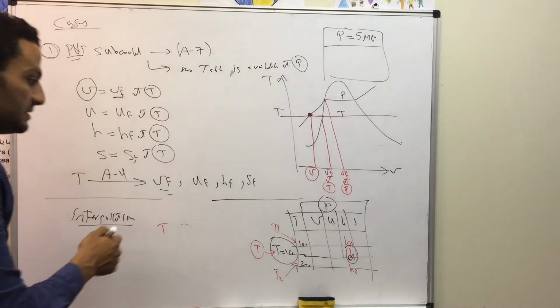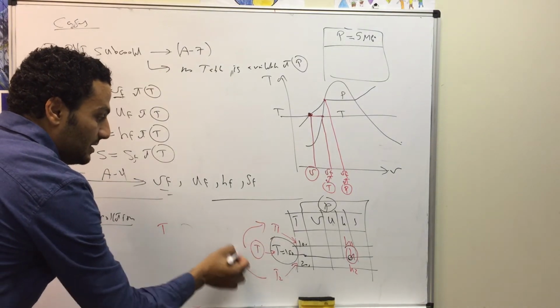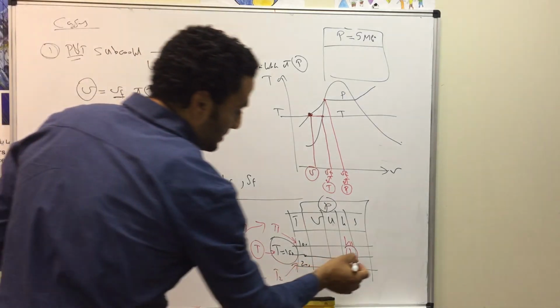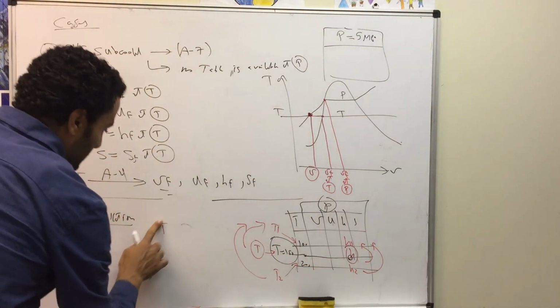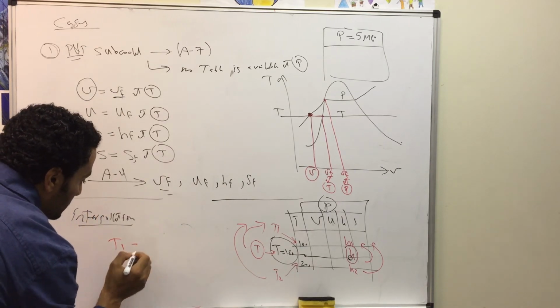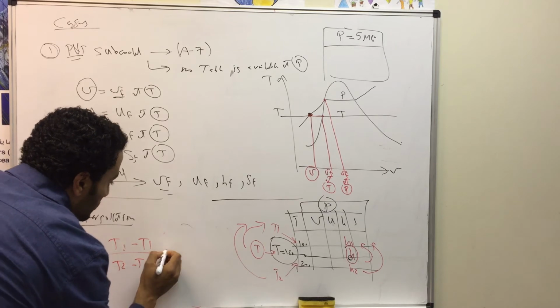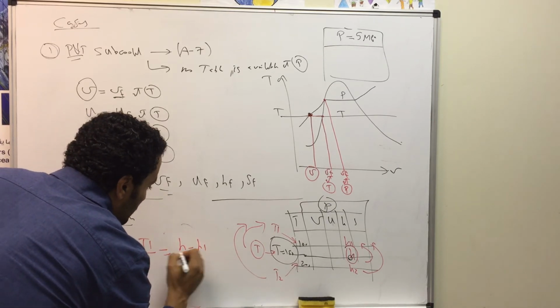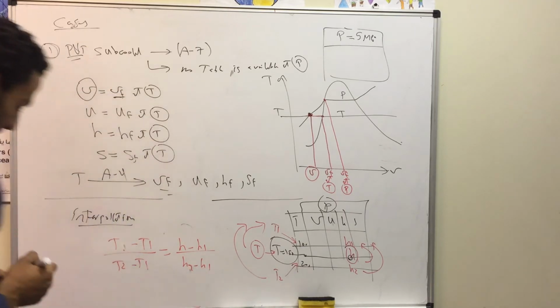So we can make an interpolation: (T minus T1) divided by (T2 minus T1) is the same as (H minus H1) divided by (H2 minus H1).